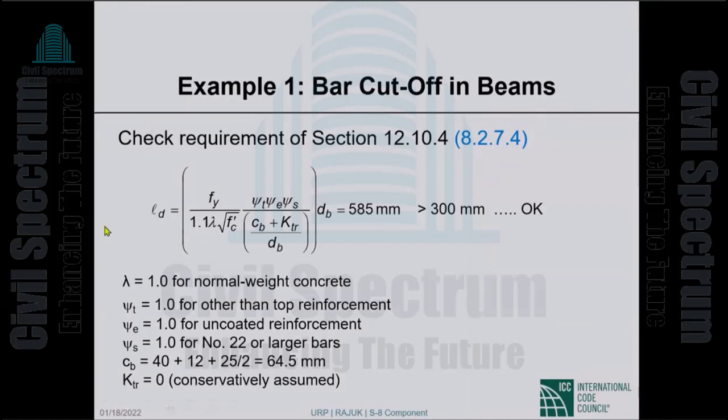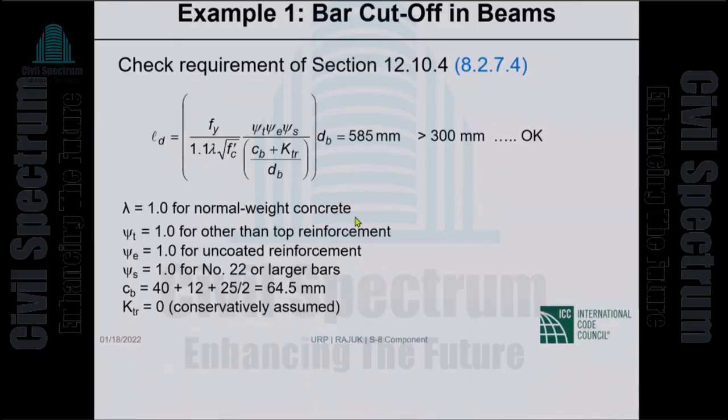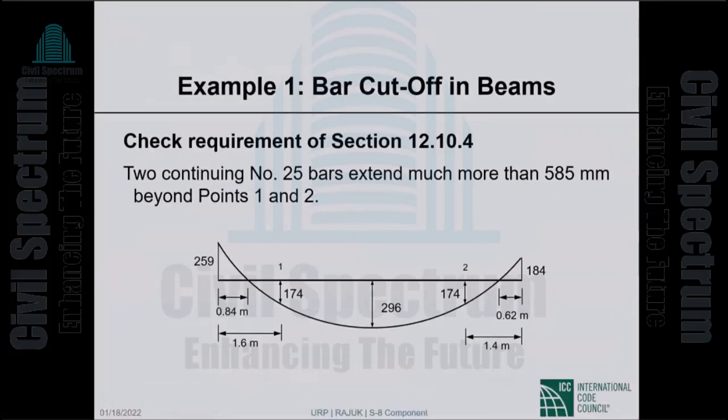Here comes the expression of ACI 318, and without going into all the details, the calculated development length of the continuing number 25 bars comes to 585 millimeters. There is a minimum of 300 millimeters that doesn't govern. So 585 millimeters is L sub D.